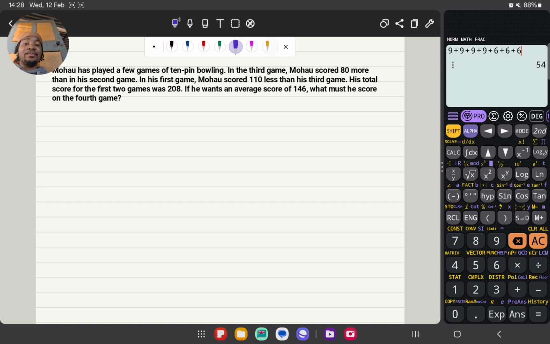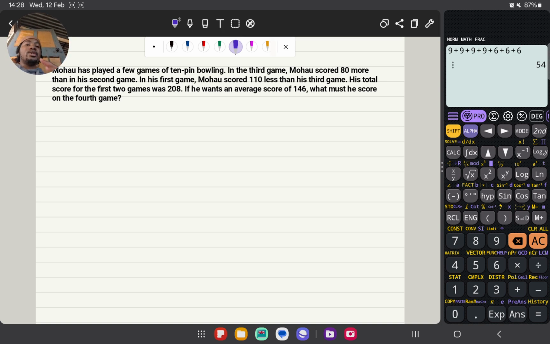In his first game, Mohau scored 110 less than his third game. His total score for the first 2 games was 208, and then if he wanted an average score of 146, what must he score on the fourth game, right?